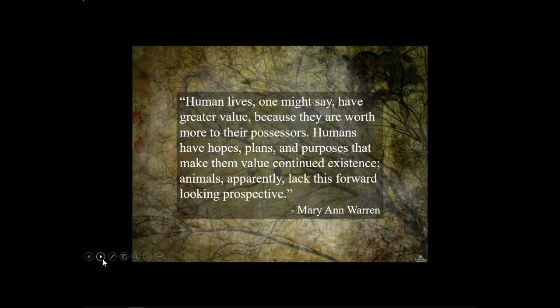They know that if they cease to exist, there are things they lose out on. Animals apparently lack this forward-looking perspective. Well, I don't know if that's necessarily true. Anybody who has seen an animal trying to avoid being captured or taken down and eaten by a predator looks like they would like to continue to keep on existing.